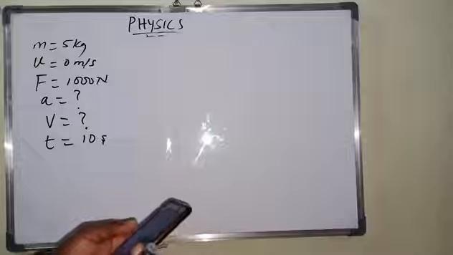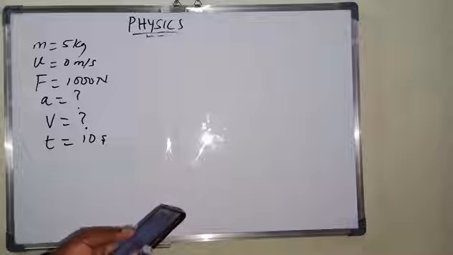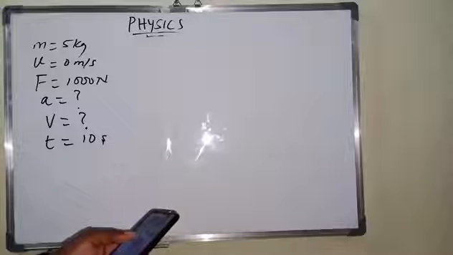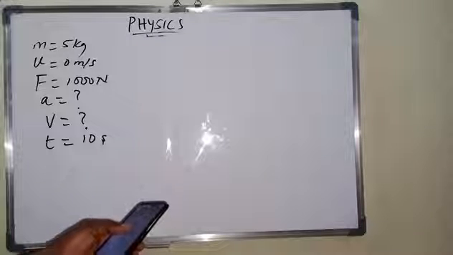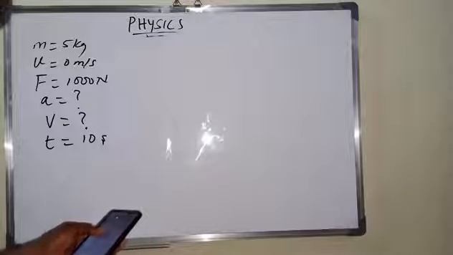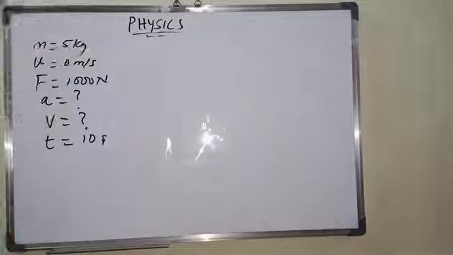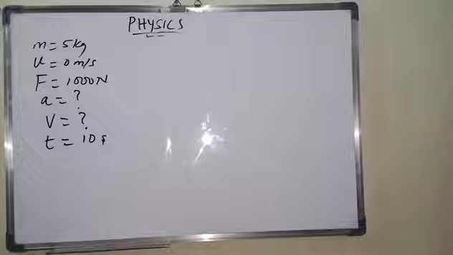A body of mass 5 kg starts from rest and is acted upon by a force of 100 Newton. Then the acceleration in meter per second square and the final velocity after 10 seconds will be. These are the parameters given to us, and we have to find the acceleration and final velocity after 10 seconds.